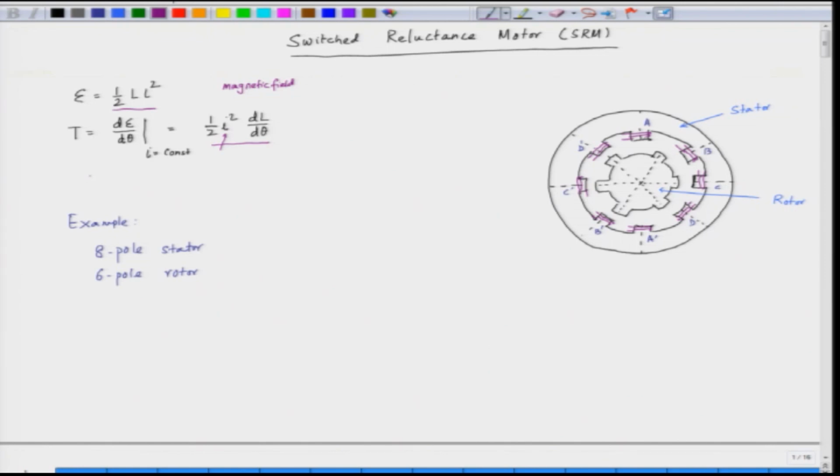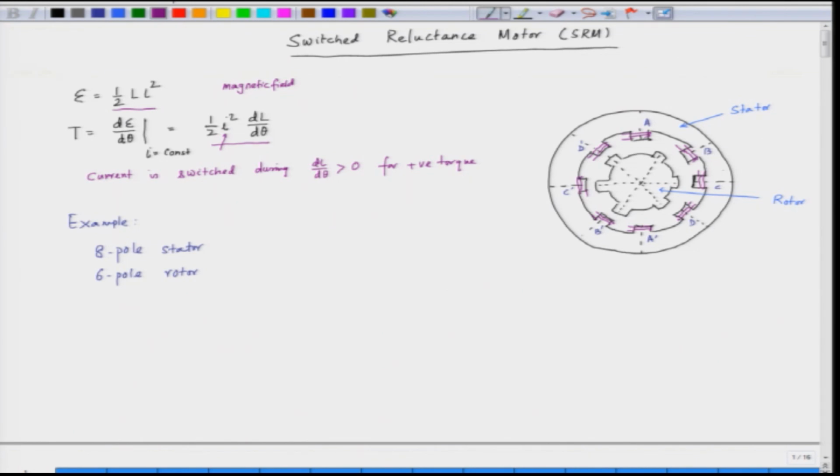So, current is switched during dL by d theta greater than 0 for positive torque. And if you want to make the torque negative, we have to switch the current during dL by d theta less than 0.